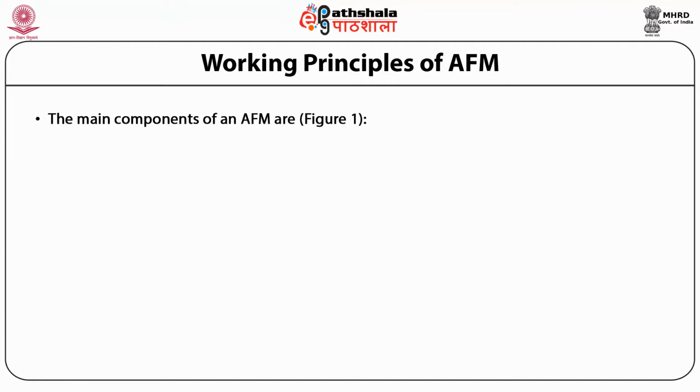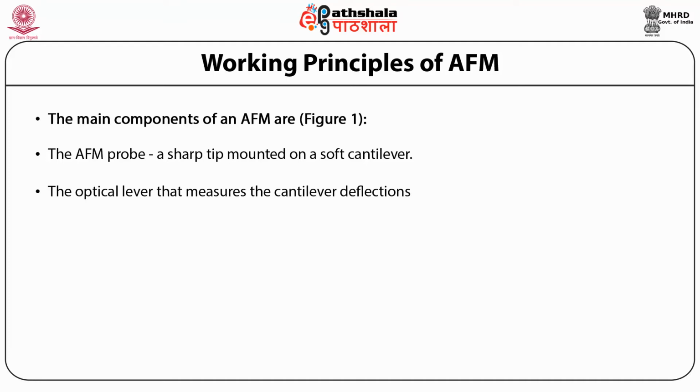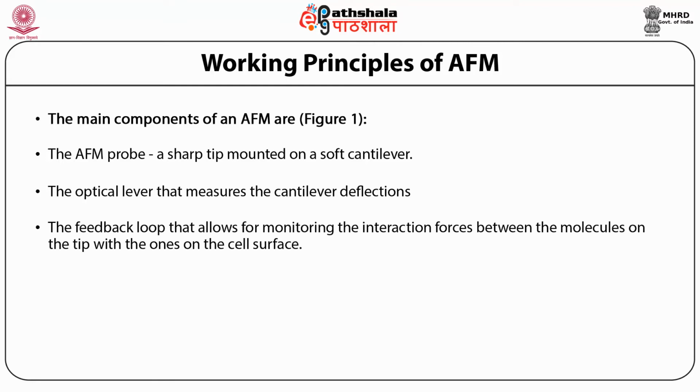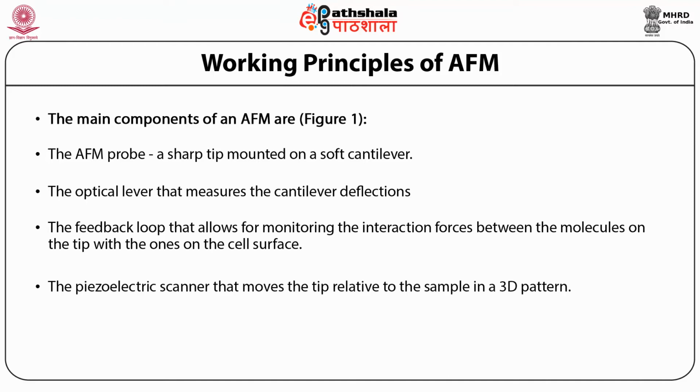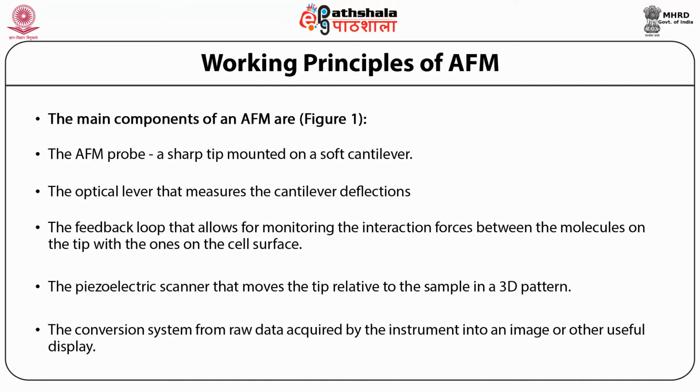The main components of the AFM are the AFM probe, a sharp tip mounted on a soft cantilever, the optical lever that measures the cantilever deflections, the feedback loop that allows for monitoring the interaction forces between the molecules on the tip with the ones on the cell surface, the piezoelectric scanner that moves the tip relative to the sample in a 3D pattern, and the conversion system from raw data acquired by the instrument into an image or other useful display.